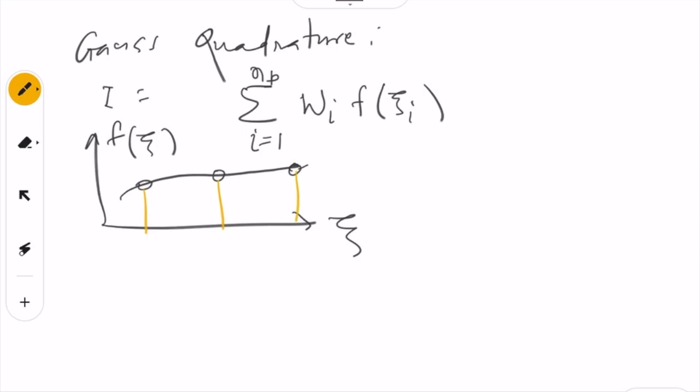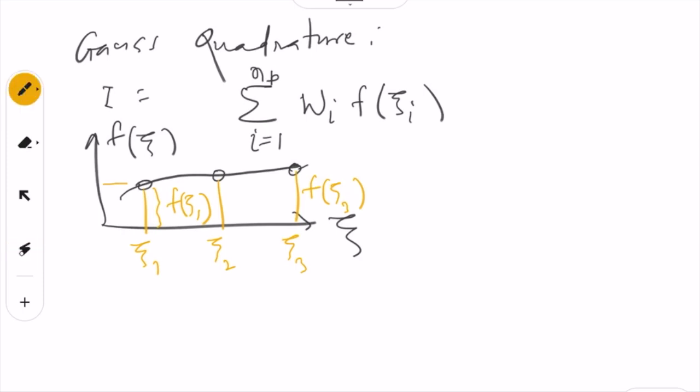Let's call them xi 1, xi 2, xi 3, and you know the value here. This will be f(xi 1), similarly this will be f(xi 3), like this. So this is what it will look like.